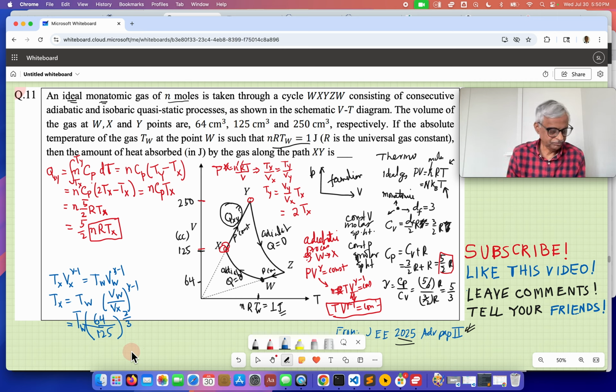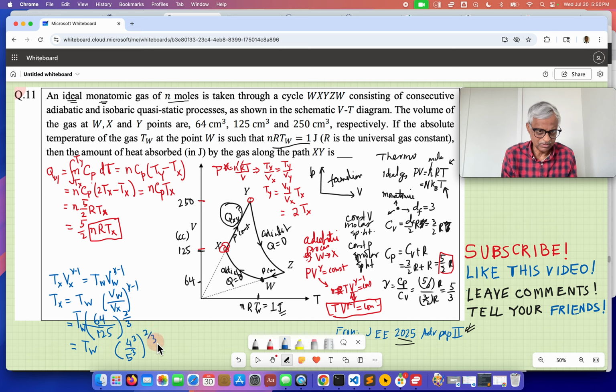Because the power is 3 down here, maybe see if we can do 4 cubed and 5 cubed to the power 2/3.